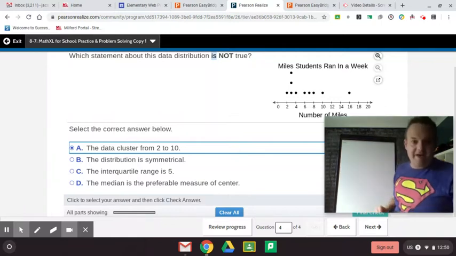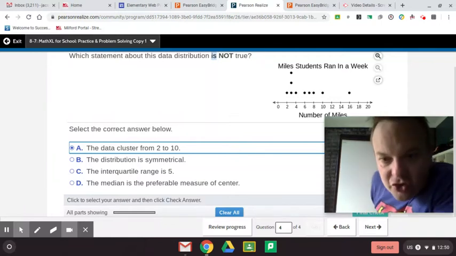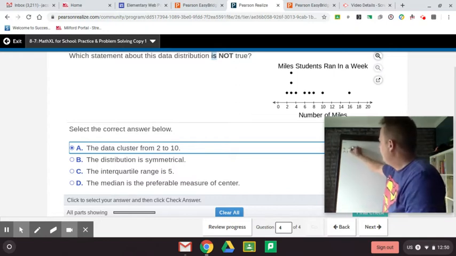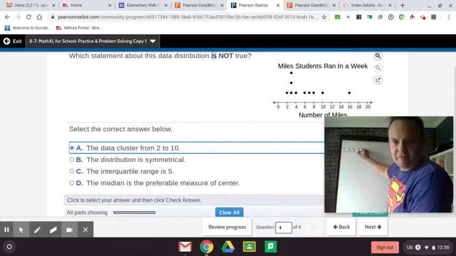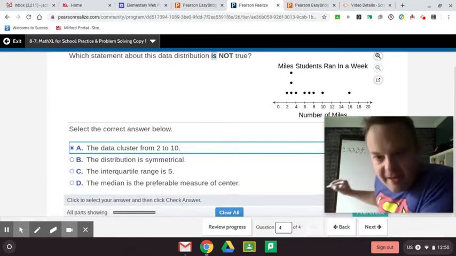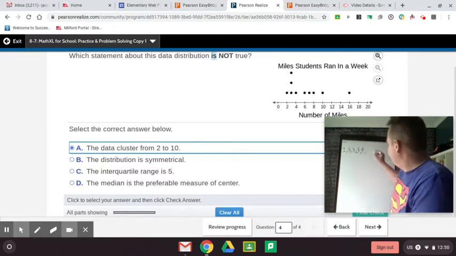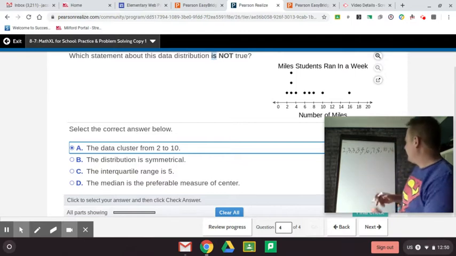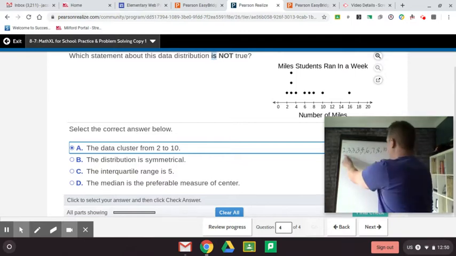We have 2, 3, 3, 3, and then a 4. And then we have a 6, 7, 8, and a 10 and a 16. Okay. Finding the median.